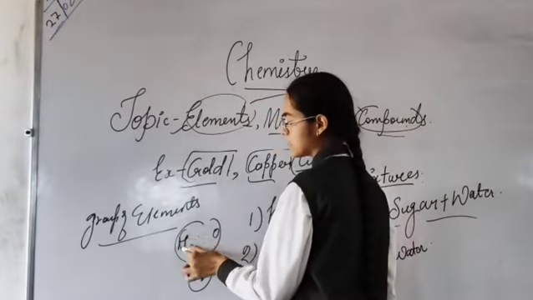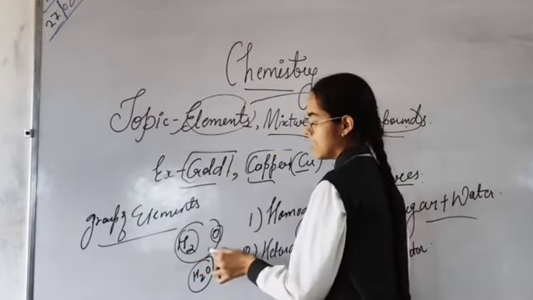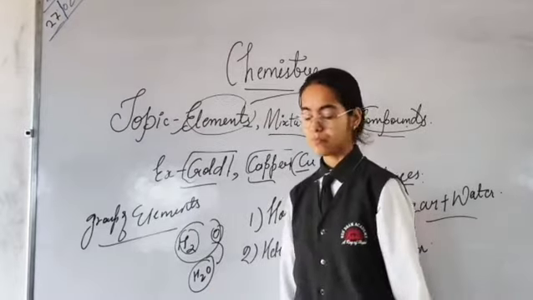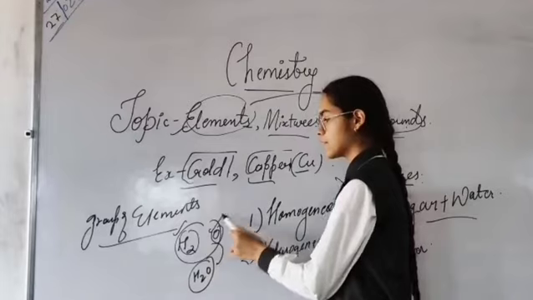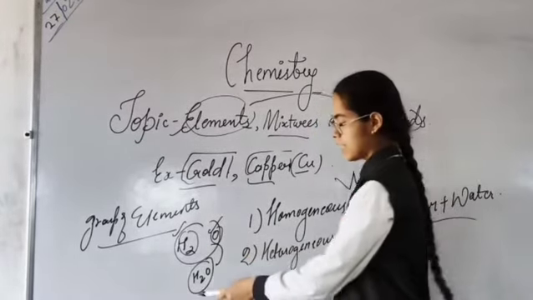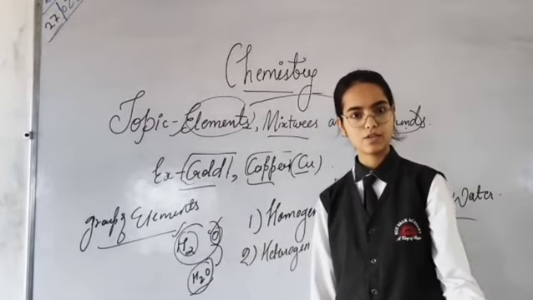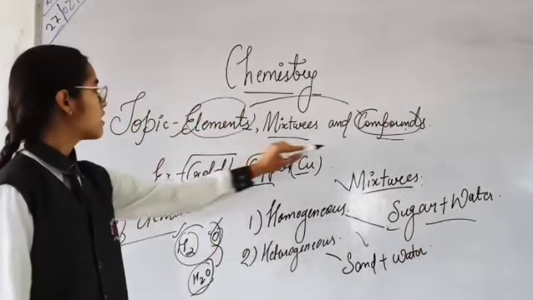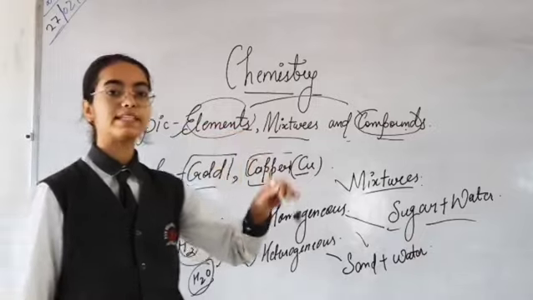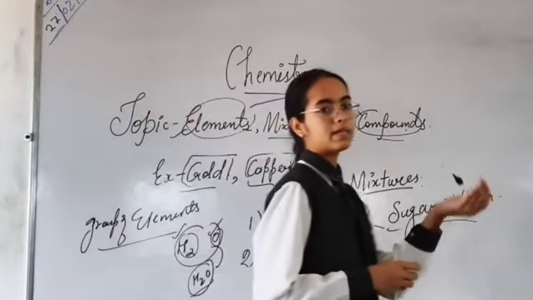Let us see: this is hydrogen, this is oxygen and this is water, H2O. Hydrogen has some properties, as everybody knows, and oxygen has some properties. But does H2O have the same properties as hydrogen and oxygen? The answer is no. Why? Because compounds are a group of elements, but they have their own properties.